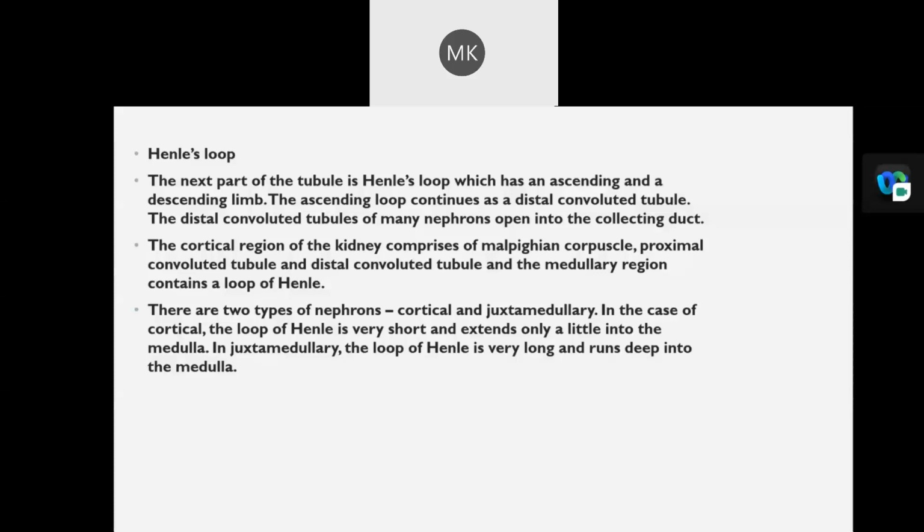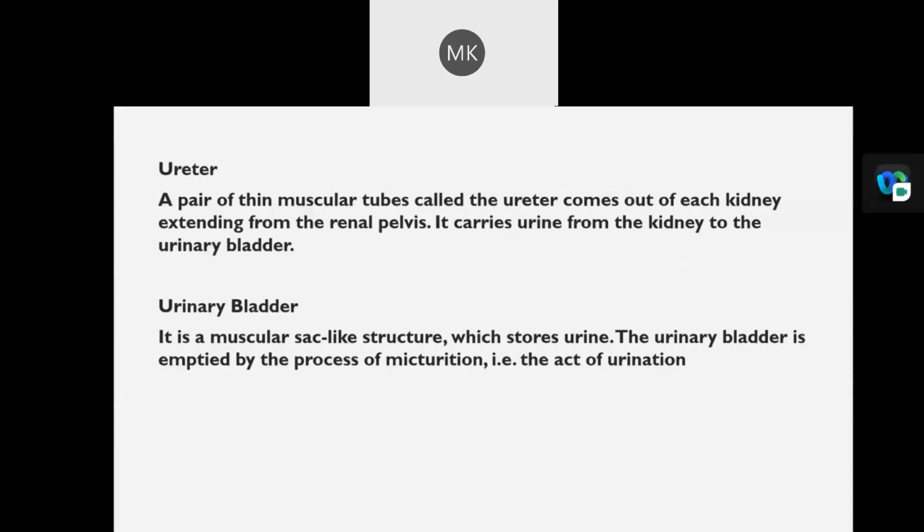There are two types of nephron, cortical and juxtamedullary. In the cortical nephron, the loop of Henle is very short and extends only a little into the medulla. In the juxtamedullary nephron, the loop of Henle is very long and runs deep into the medulla.